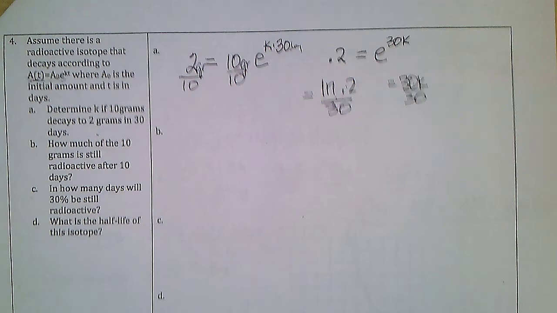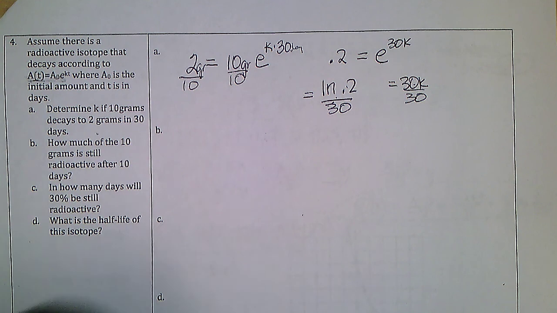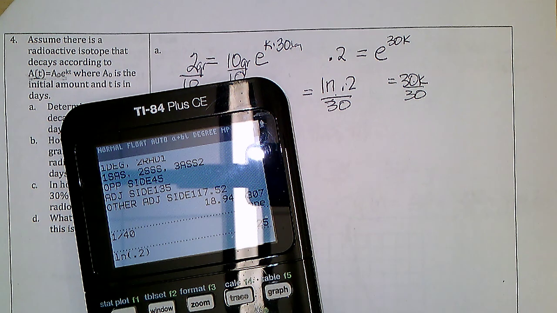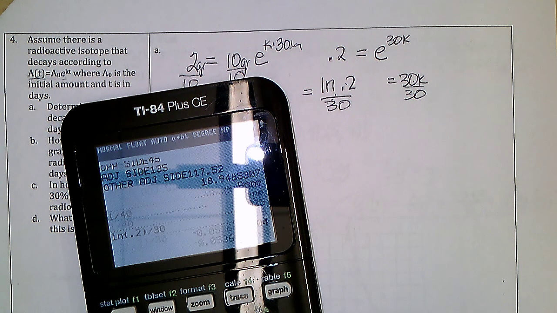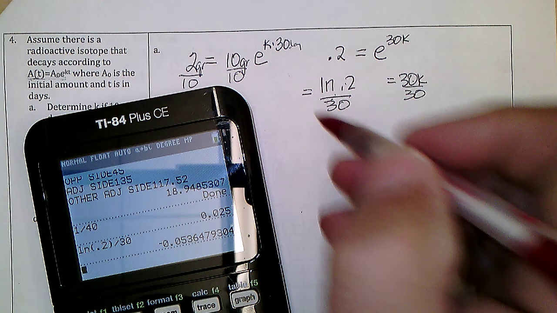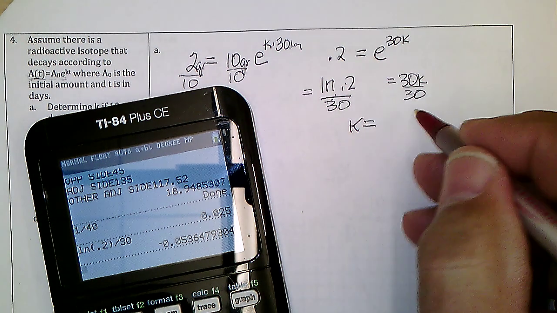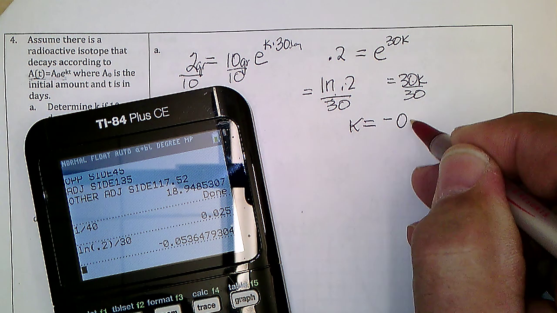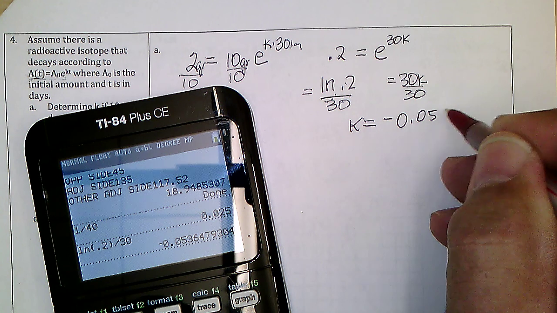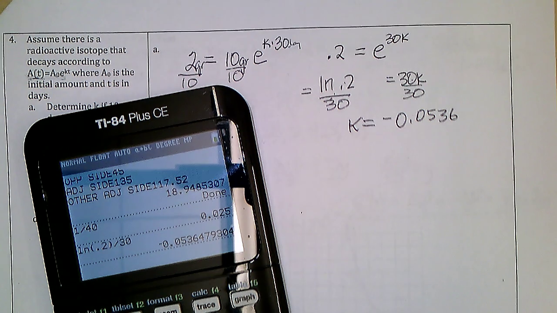And we get k to be ln 0.2 divided by 30. K is negative 0.0536. All right.